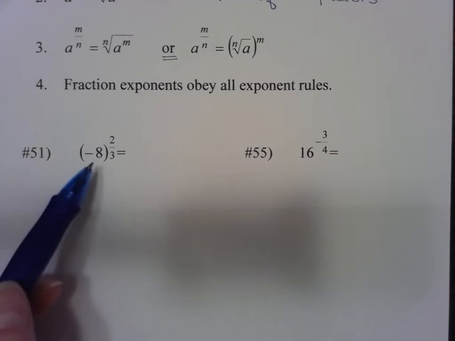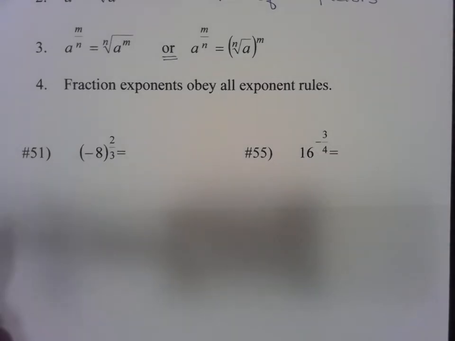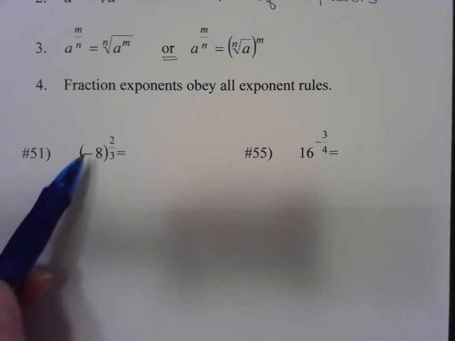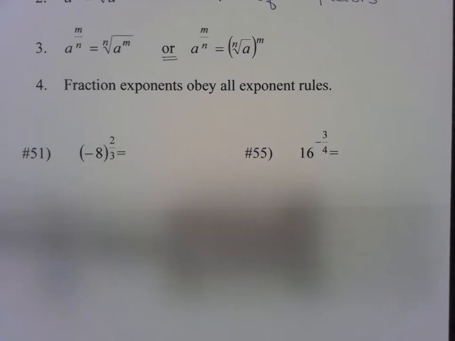Let's say we have -8 raised to the 2/3 power. Again, we can do these in any order we want. So I'm going to choose one just because I don't want to do the same example a lot of different ways. But really we could either apply the root or we could apply the power first. It doesn't really matter.